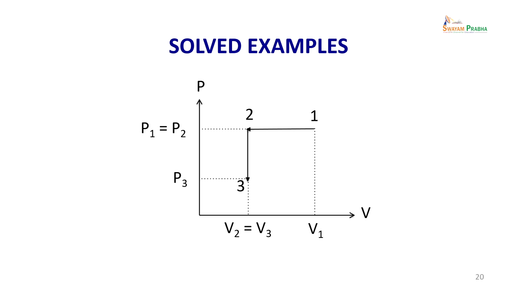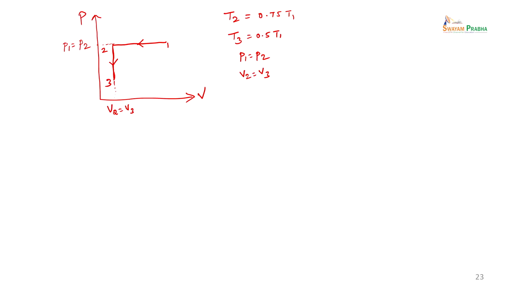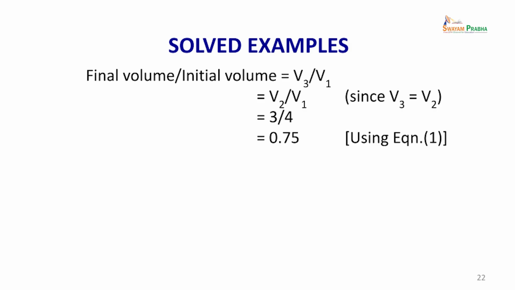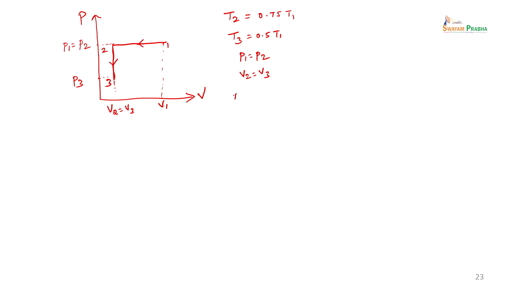Final volume to the initial volume. So, this will be volume 1, and this will be pressure 3. So, we have to find out the final volume to the initial volume. Initial volume is V1.